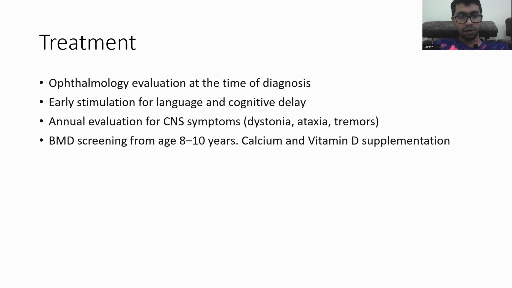Early stimulation for language and cognitive delay is very important, because they can still have cognitive decline due to deficiency of UDP galactose necessary for the formation of myelin sheath, etc. And we need to annually evaluate for neurological symptoms like dystonia, ataxia, tremors, etc. Due to some unknown mechanism, there is decreased bone mineral density from age 8 to 10 years, so we may need to consider calcium and vitamin D supplementation. The reason is not yet very clear.